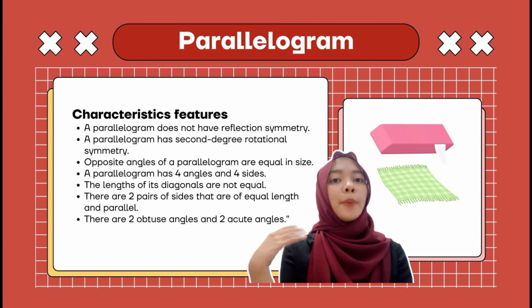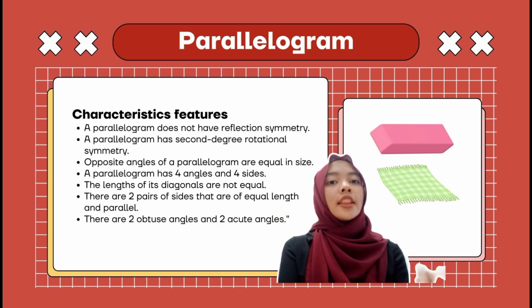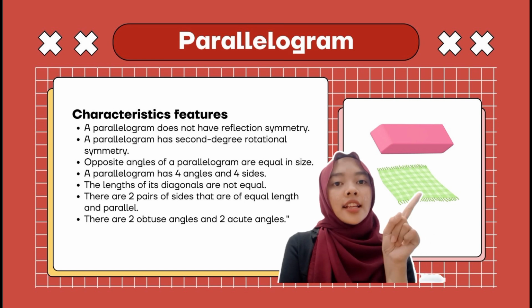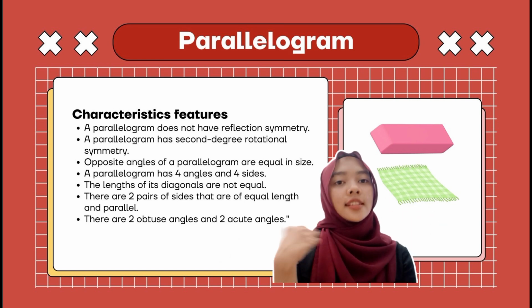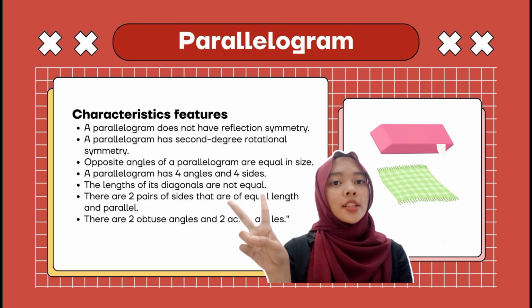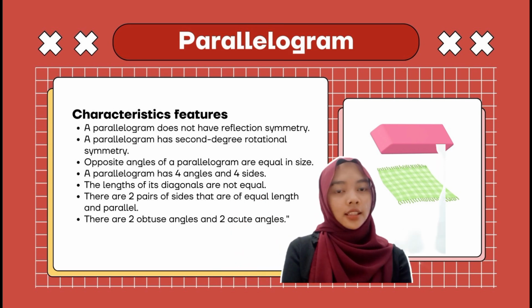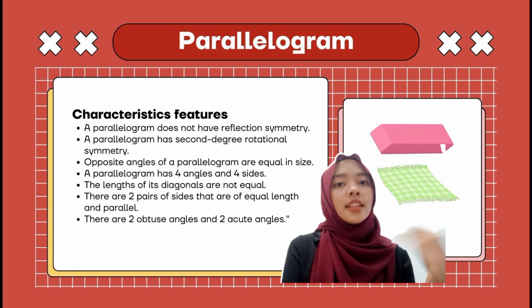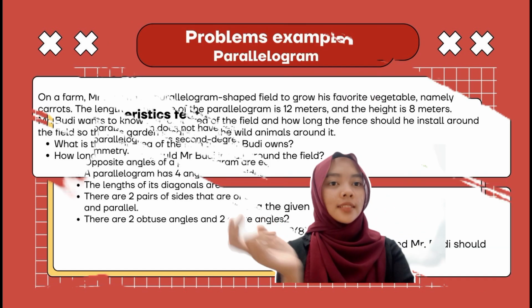The fourth, it has four angles and four sides. The fifth, the lengths of its diagonals are not equal. The sixth, there are two pairs of sides that are of equal length and parallel. And the last, there are two obtuse angles and two acute angles.